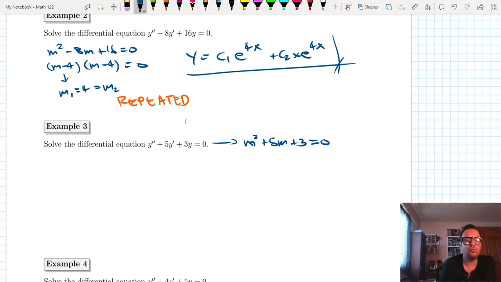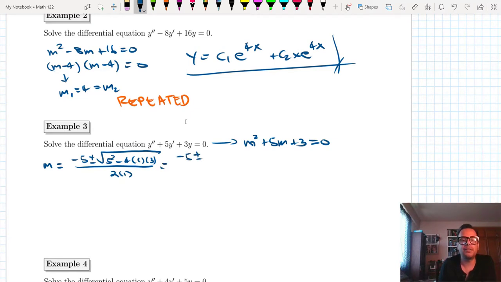So in this case, let's use the quadratic formula. m equals minus 5 plus minus the square root of 5 squared minus 4 times 1 times 3, the whole thing divided by 2 times 1, which equals negative 5 plus minus square root of 25 minus 12. Subtract the numbers inside of the radical to get 13 inside. So negative 5 plus minus the square root of 13 over 2.